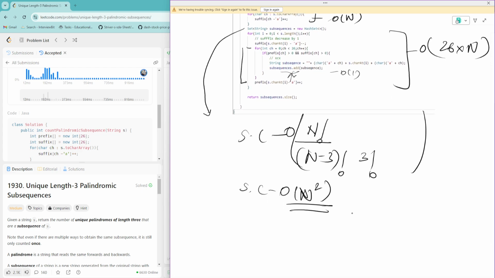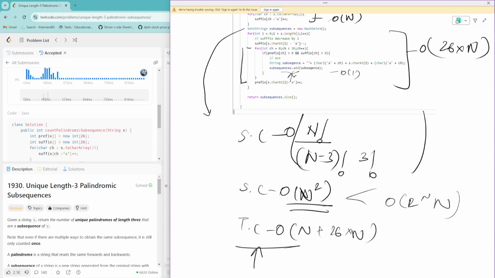That is much more efficient than order of 2 raised to power n. So the space complexity is n plus 26 into n, which is order of n square. I think this is the better approach, because the approximate time complexity would be order of n.